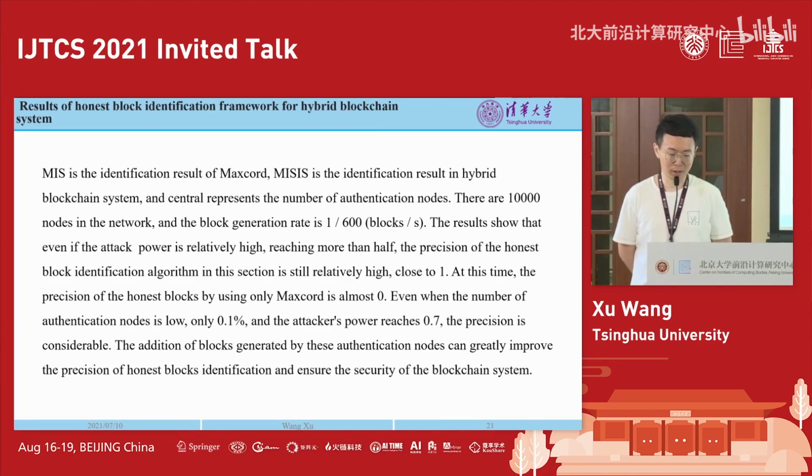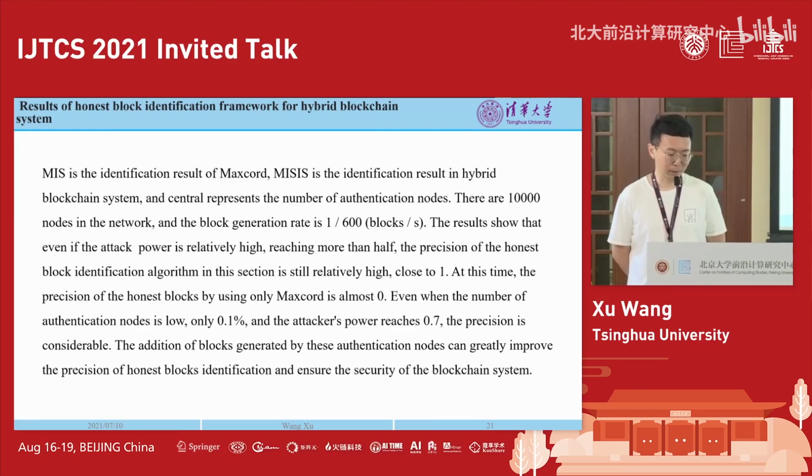In our simulation, we assume that there are 10,000 nodes in the network, and the block generation rate is 1/600 blocks per second. The results show that even if the attack power is relatively high, reaching more than half, the precision of the honest block identification algorithm in this section is relatively high, close to unity.